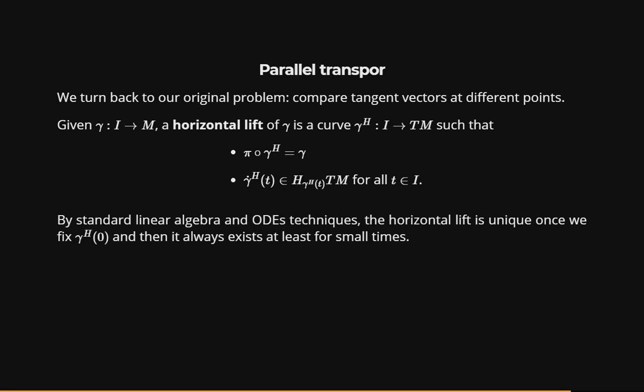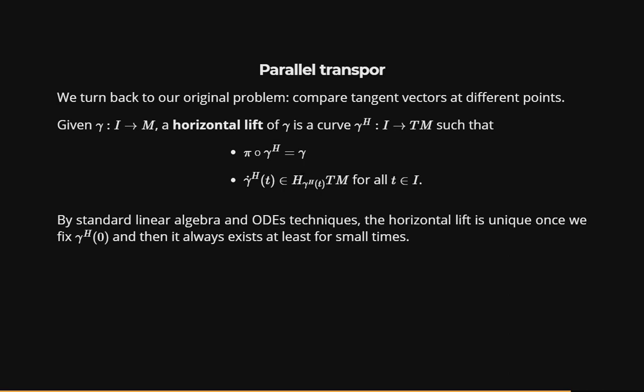If you put together some rank-nullity and the usual stuff about existence and uniqueness of solutions for ordinary differential equations, the horizontal lift is an integral curve of some sort and is unique once we fix the starting point. So the starting point is half fixed because it has to project down to the point, so it's a point of the tangent bundle which goes down to a given point on the manifold.